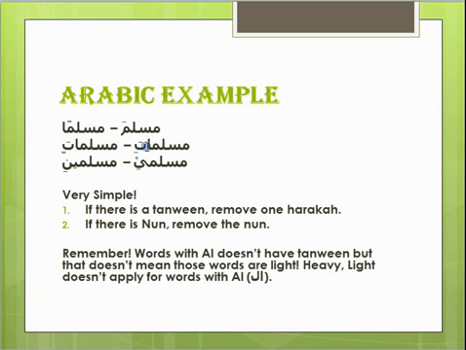And then again, Muslimaini becomes Muslimai if you remove the N and everything after it. That is the noon, not the N, the noon. Very simple. If there is a tanwin, you just have to remove one of the haraka. If there is a complete noon by itself, then just remove it and you're done.